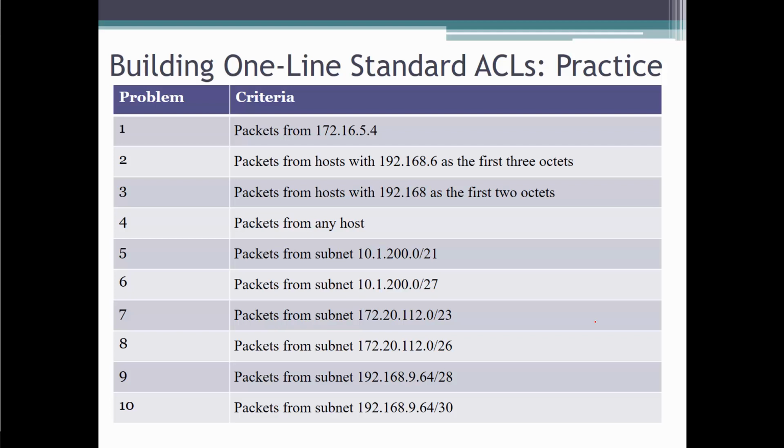Now for building one-line standard ACL practice, let's go ahead and try doing these problems. Go ahead and pause so you can work them all out. Again, you've got to put in the time and practice, programming the ACLs one line at a time.